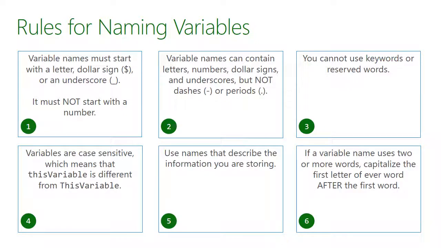Fourthly, variables are case sensitive, which means that this variable with a lowercase t is different from this variable with an uppercase T. Fifth, use names that describe the information that you're storing. And sixth, if a variable name uses two or more words, capitalize the first letter of every word after the first word. This is known as camel case.